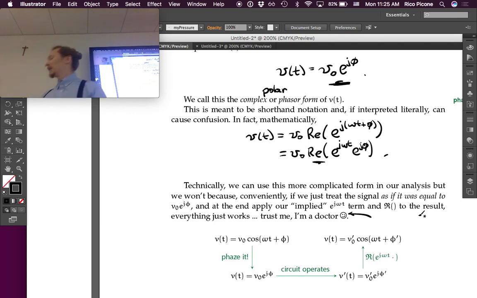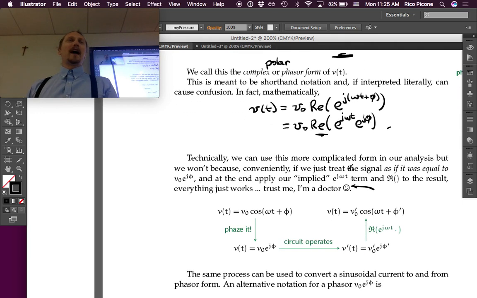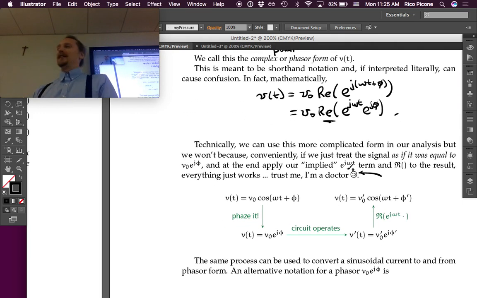The important takeaway is that now I can do emojis, but the second most important takeaway is that we can just treat it like this, and at the end we'll apply this real part and the e to the j omega t part at the end of our analysis. And lest that sound really confusing, I made a little diagram that should help us navigate it.